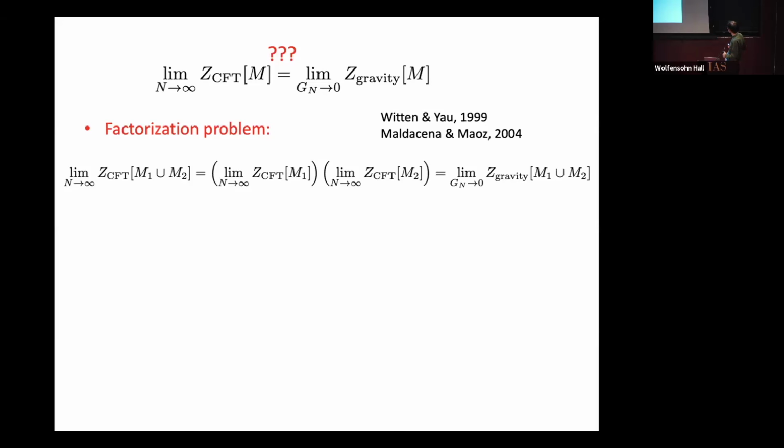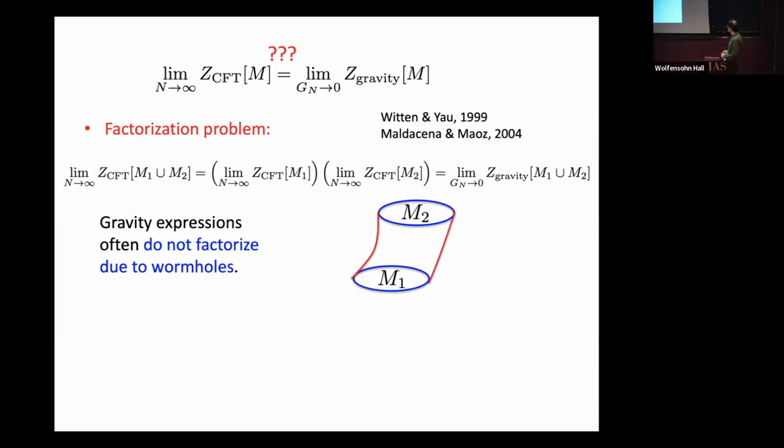But on the gravity side, you should find the saddle point with M1 and M2 as your boundary, and often on the gravity side you have this kind of wormhole configuration. That means the gravity expression does not factorize, due to those wormholes.